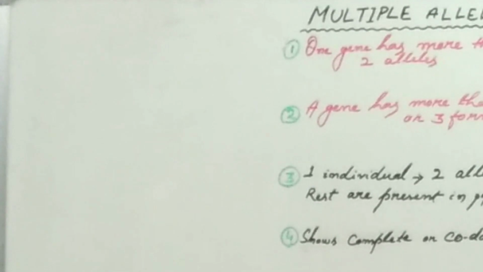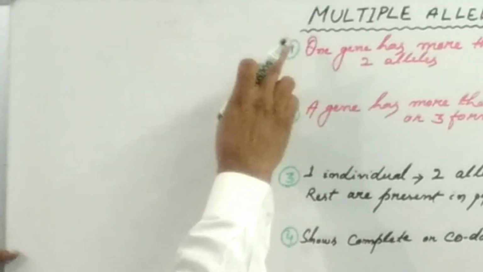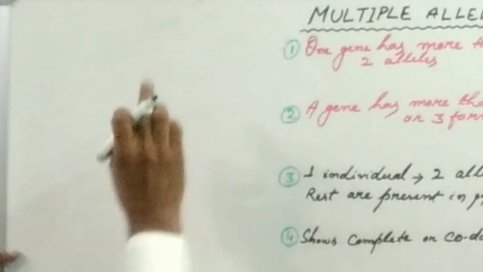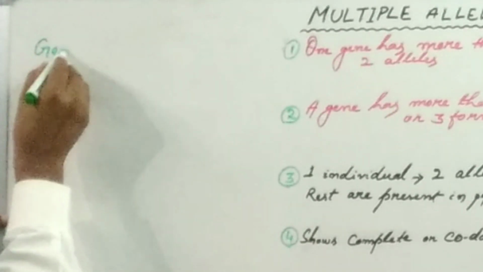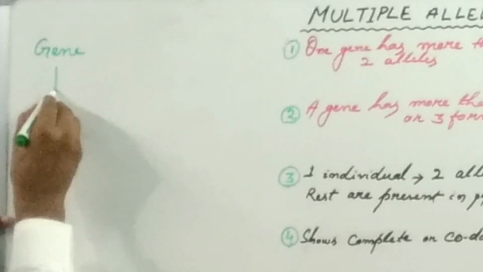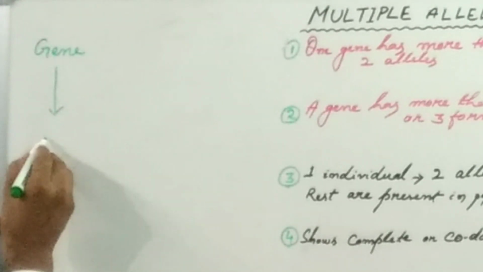Let me take the example in the case of multiple alleles. Multiple alleles means a gene which has a number of allelic forms.